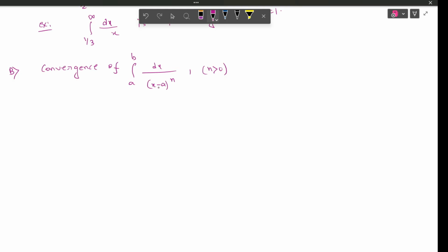If we put a here, a minus a would be 0, and 1 by 0 would be infinite. So we can say that here x equals a is the only point of infinite discontinuity. Okay, infinite discontinuity.